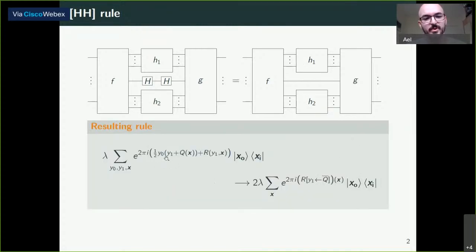As you can see, we find these variables y0 and y1 introduced by these two H boxes, and the polynomial q must be Boolean, and it represents the output of the function f going into the first Hadamard gate. So those two Hadamard gates cancel, and this output of f replaces the output of the previous Hadamard gate, so it gives this expression.